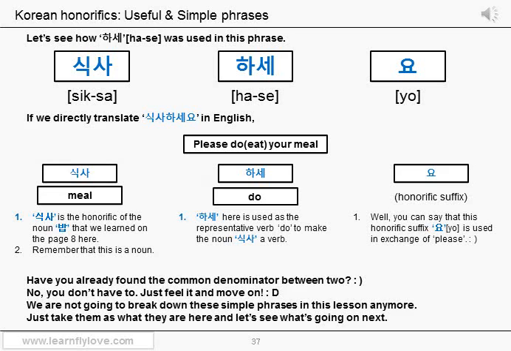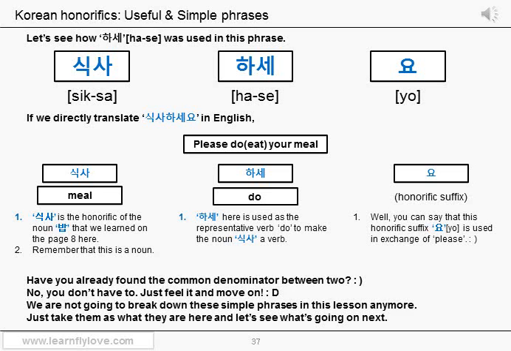식사 is the higher respect form of the noun 밥, which means meal or cooked rice. Remember that this is a noun. Now you see the first higher respect form of a noun. So 식사 takes the place of "meal" in English. 하세 here is used as the most basic verb "do" to turn the noun 식사 into a verb.